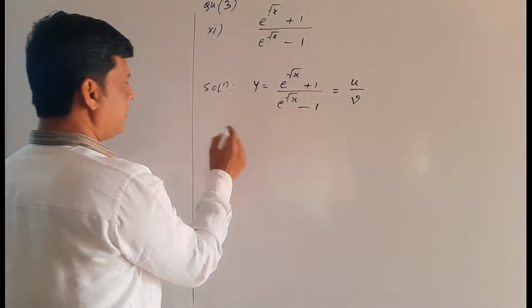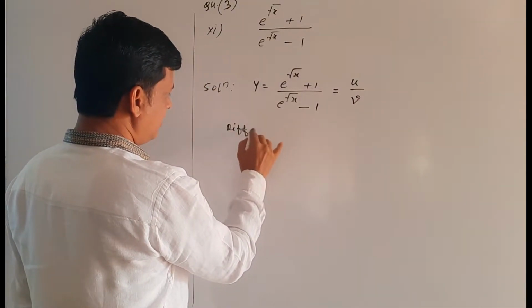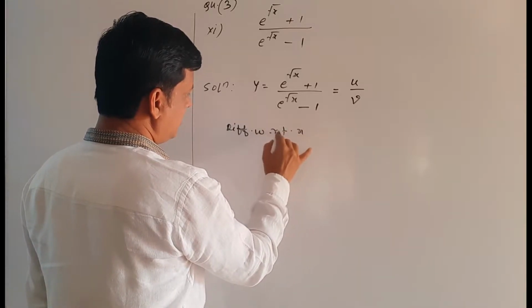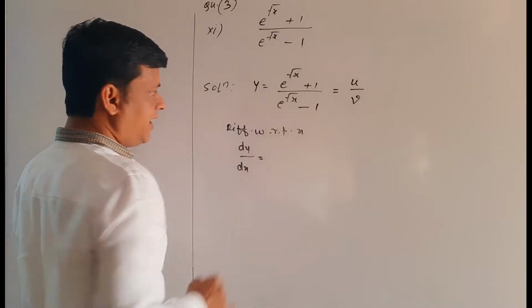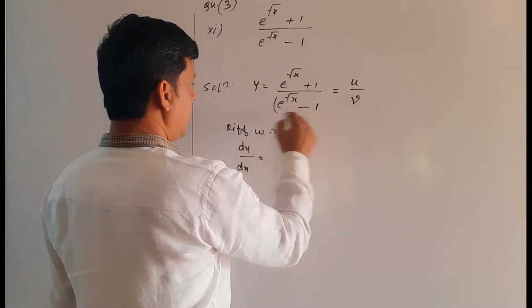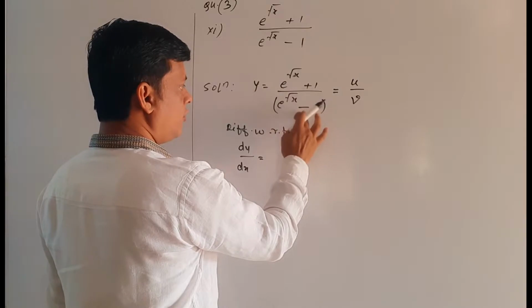So we write here, differentiate with respect to x. So the derivative of y with respect to x is dy by dx. In place of v, the value is e raised to the power root x minus 1.